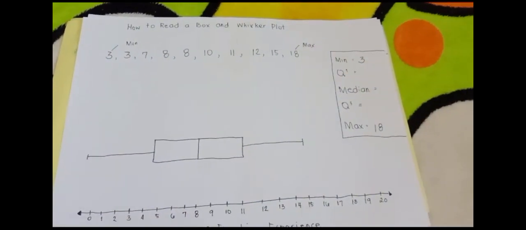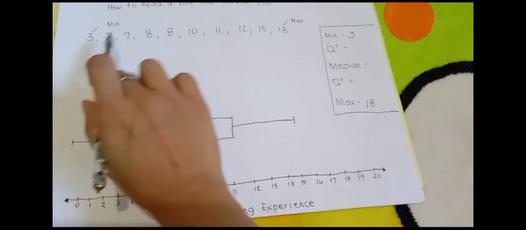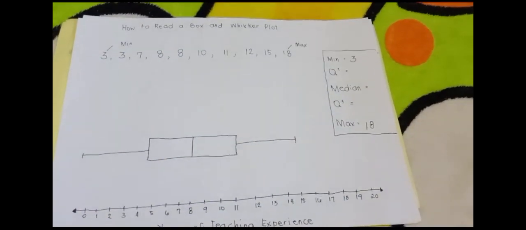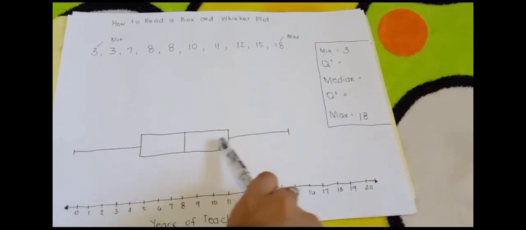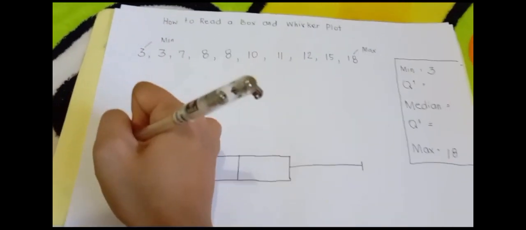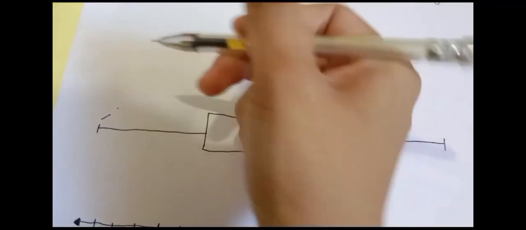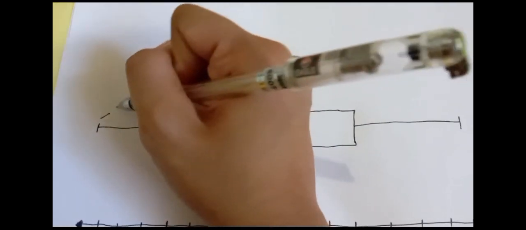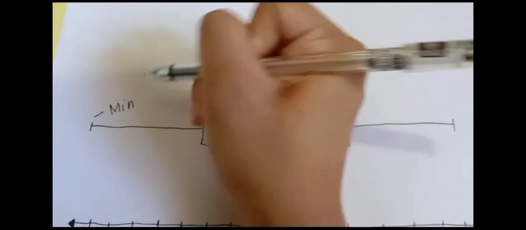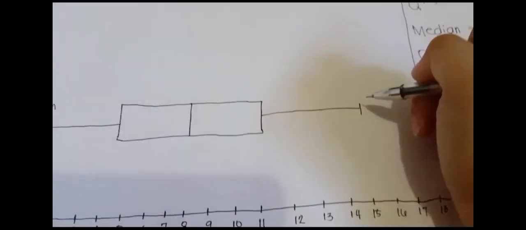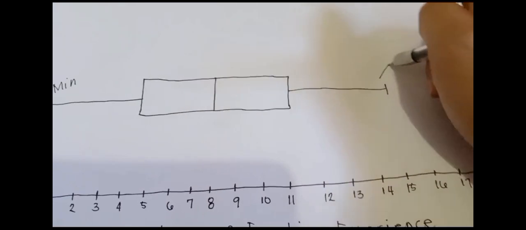The minimum and maximum are just the smallest and largest number in value within the dataset. So as far as the box and whisker plot, we have the minimum right here, and the maximum right here.